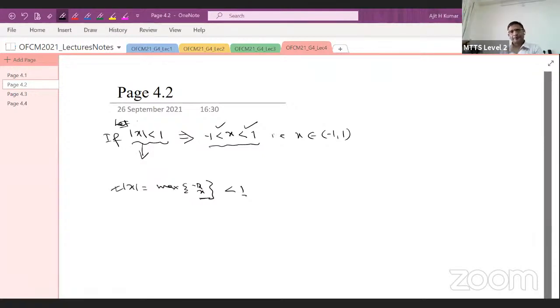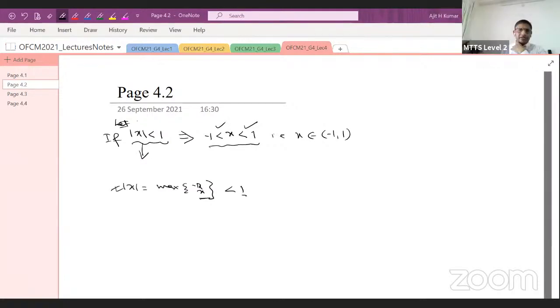Somebody from group 5? Devika. Yes, Devika? Tell me. If minus 1 is less than x less than 1, that is true, then mod x will be less than 1.